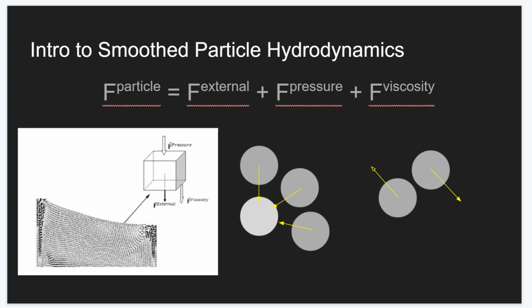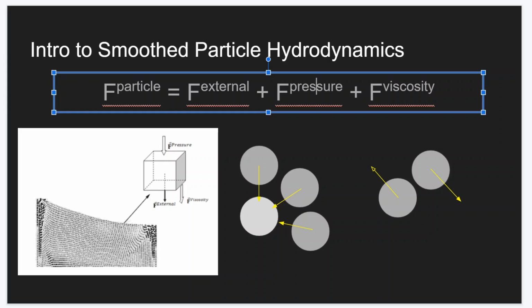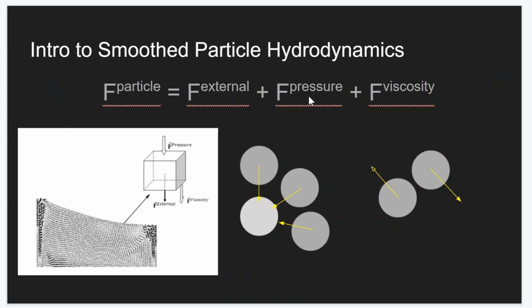The first one is the gravity, which is the external force right here, and the second one is the pressure. The pressure force basically measures how much a particle is influenced by its neighbors.